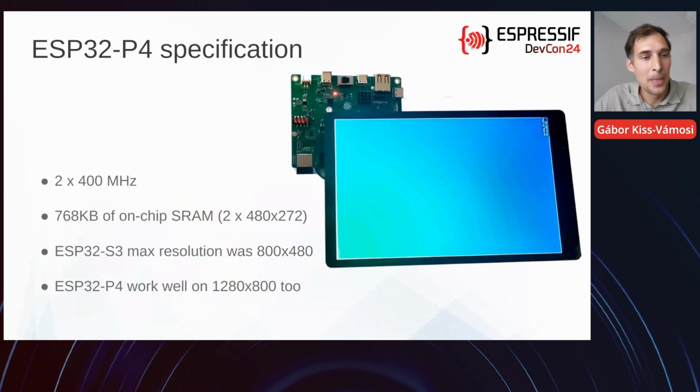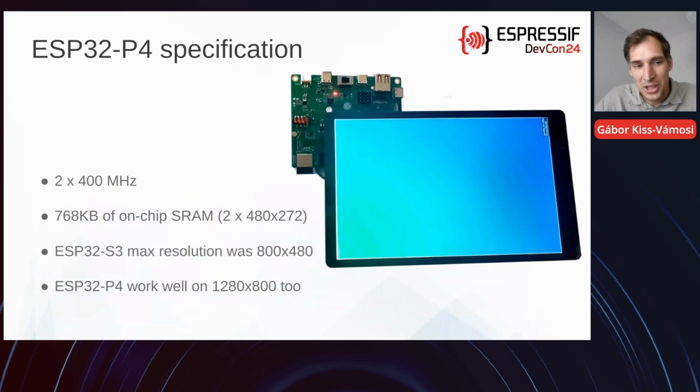It also has 768 kilobytes of on-chip SRAM, which can be enough for a double buffered 480 by 272 resolution display. So you don't have to place the frame buffers into the slower PSRAM, but for mid-size displays, you can use a faster internal SRAM.